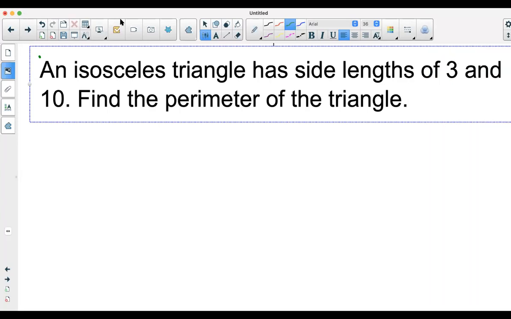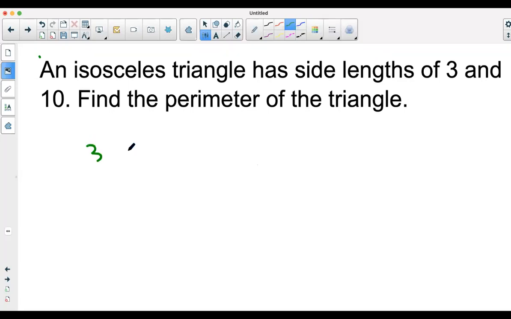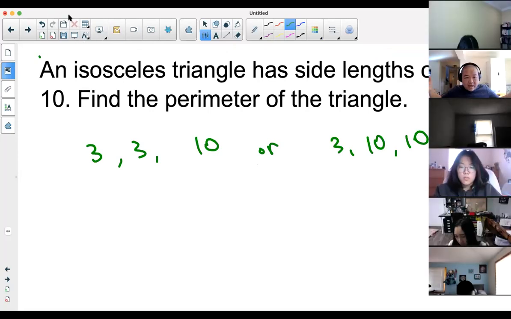So that means in this case, I have two options. Is it 3, 3, 10, or is it 3, 10, 10? Which one is it? That's the question we have out of those two. How do you know?